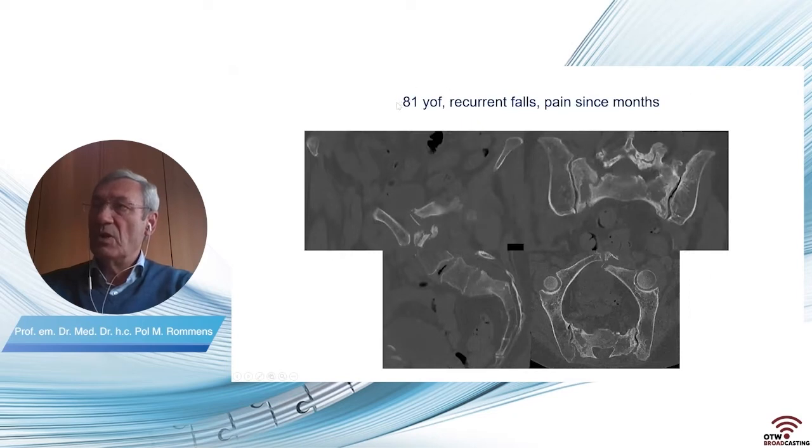Another patient is 81 years old, with recurrent falls at home and pain since months; the lesions were treated conservatively. The patient was not seen by any doctor. Then she came to us and we took a CT scan. You see the reconstructions here, a severely displaced fracture of the pubis on the left, two complete fractures in the sacral ala, left and right, and you see these alar voids very nicely here.